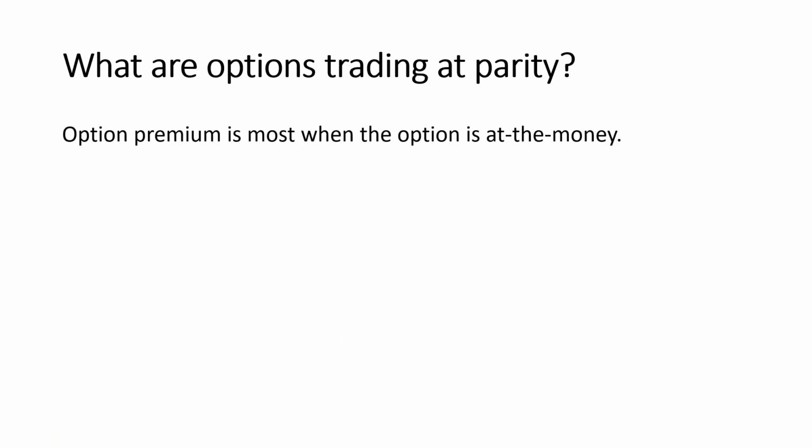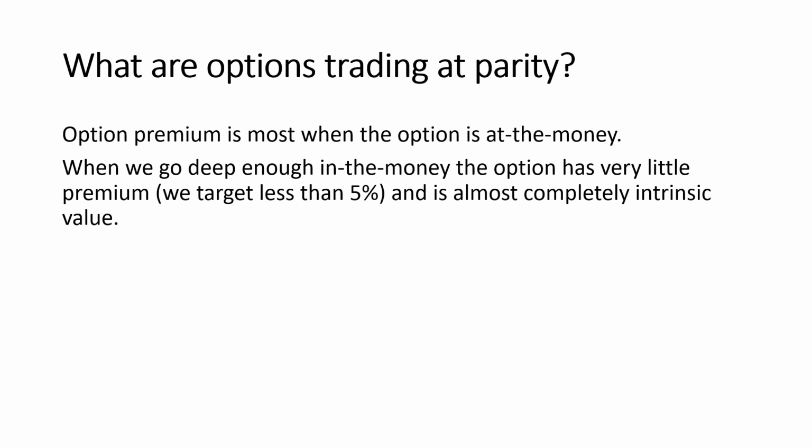well, first you have to get down to option premium being the most when an option is at the money. But when we go deep in the money, the option has very little premium. In other words, we target that the premium component of the price is less than 5%, and therefore the option is almost completely intrinsic or in the money value.